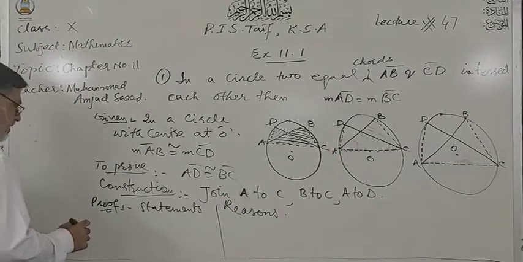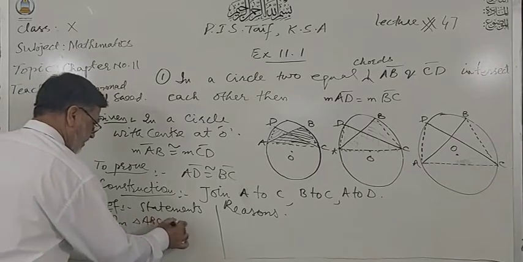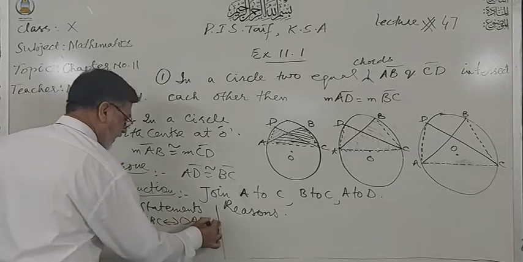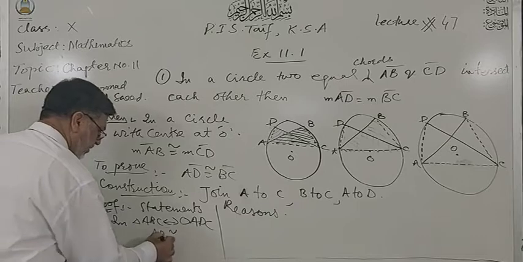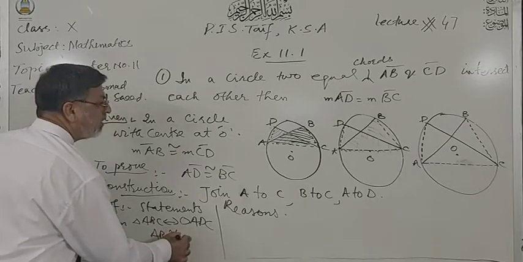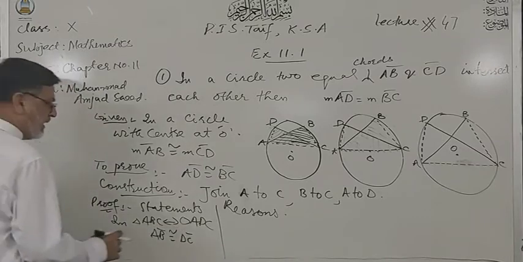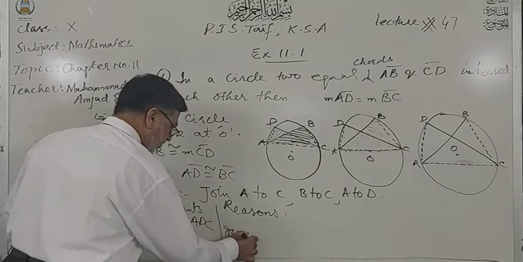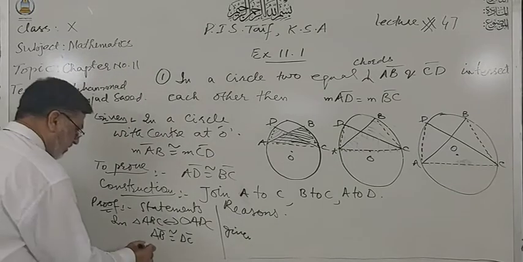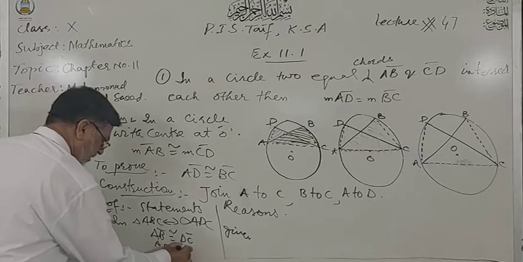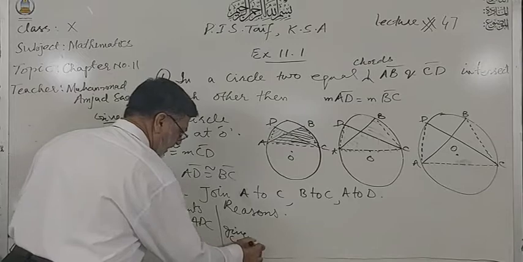In the correspondence of triangle ABC and triangle ADC, AB is congruent to DC, this is given. Then AC is congruent to AC, common in both triangles.